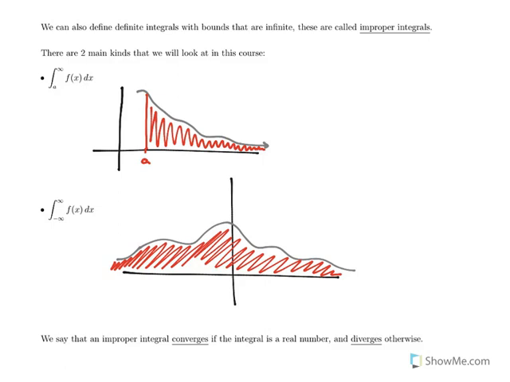And what's interesting about these is that even though it's an infinite area we're looking at, it actually comes to be a finite number in a lot of cases. If the integral, that is the area, is a finite number, then we say it's going to converge. If not, we're going to say it's going to diverge. And we'll look at some examples of both convergent and divergent integrals to see what we're talking about here.